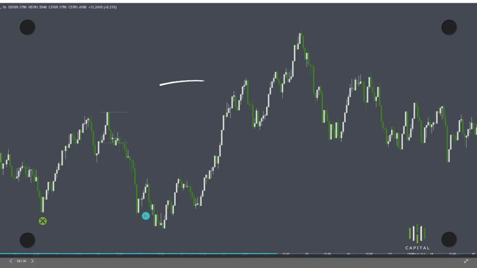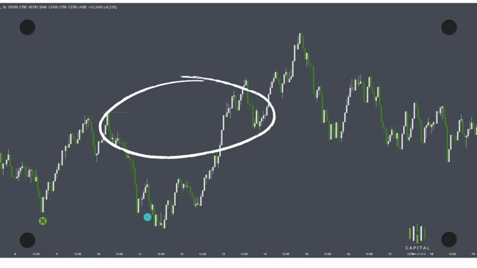So this is an old swing low that's been violated, or a stop run below the swing low, and then they went up. What happened when they went up? They took out this high, and then they came back down and found support on this high. So this is our breaker block over here.